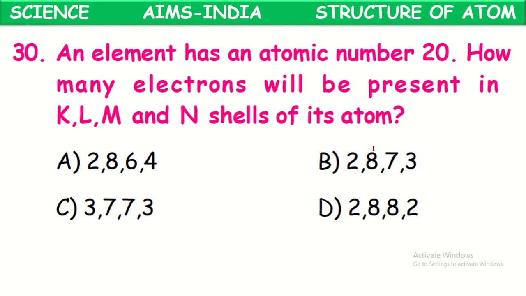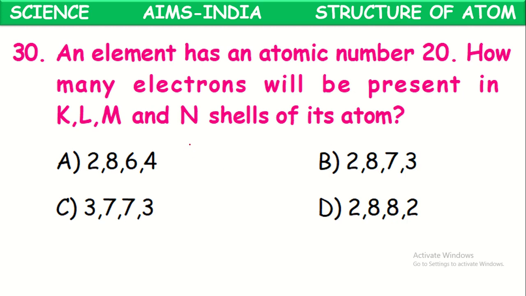Next, an element has an atomic number 20. How many electrons will be present in K, L, M and N shells of its atom? So here the atomic number is given. Let us try to write its configuration so that we can understand how many electrons are there in each shell.